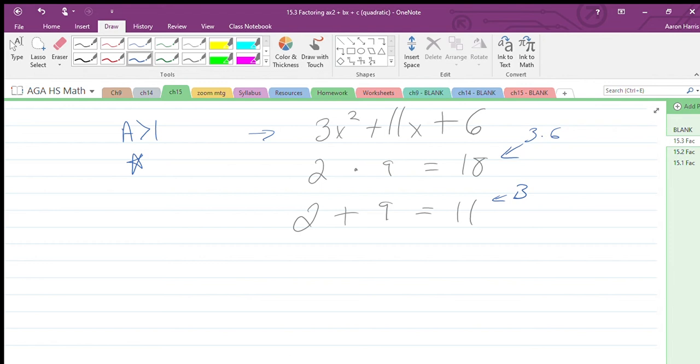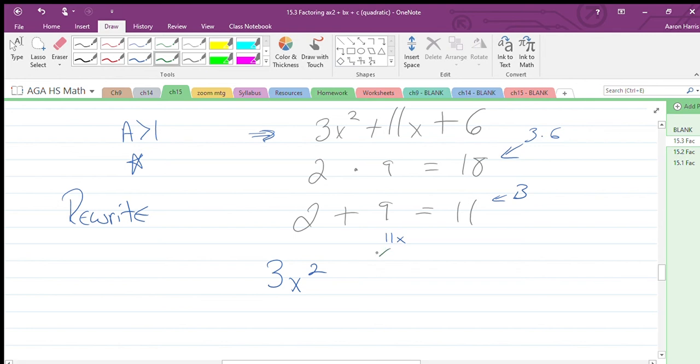So now, what are we going to do? We are going to rewrite this quadratic. So 3x squared. Nothing happens to the first term. But this 11x, I am now going to split into 2 different terms using the 2 and the 9.